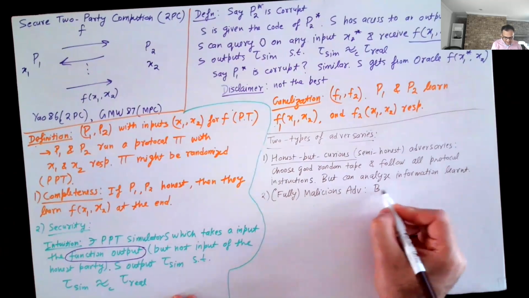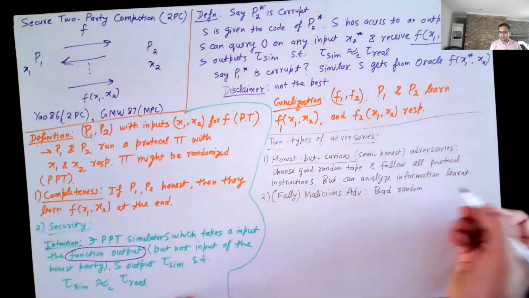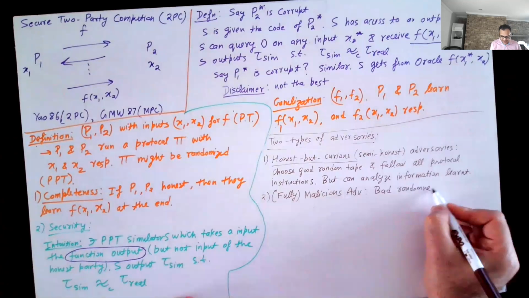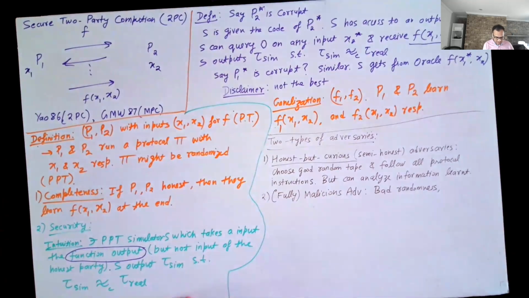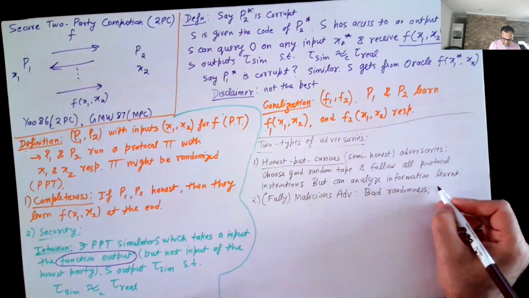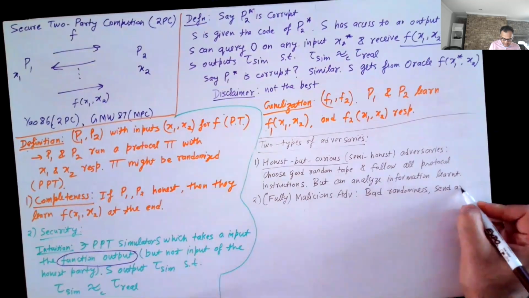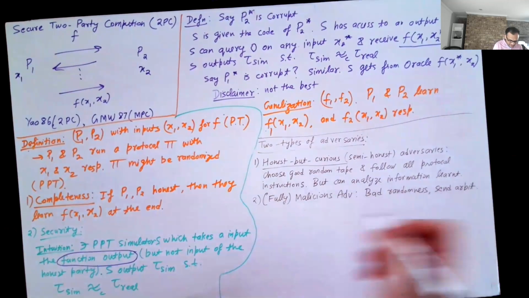These type of adversaries can use bad randomness. You tell them to flip a random coin, they use some arbitrary non-random string. They can send arbitrary messages.